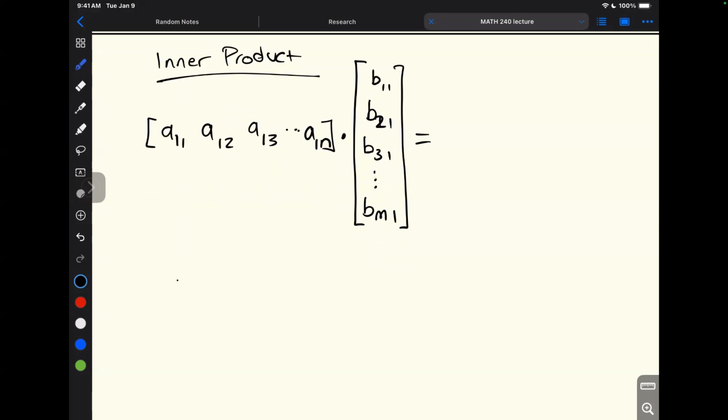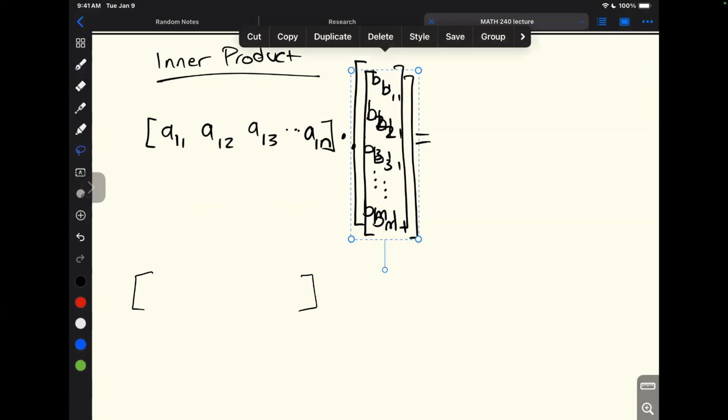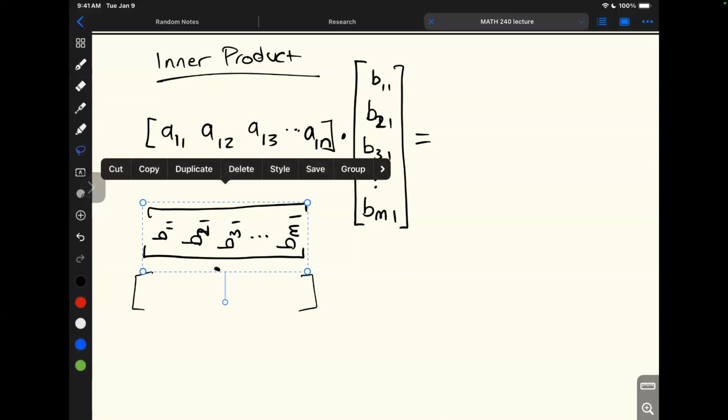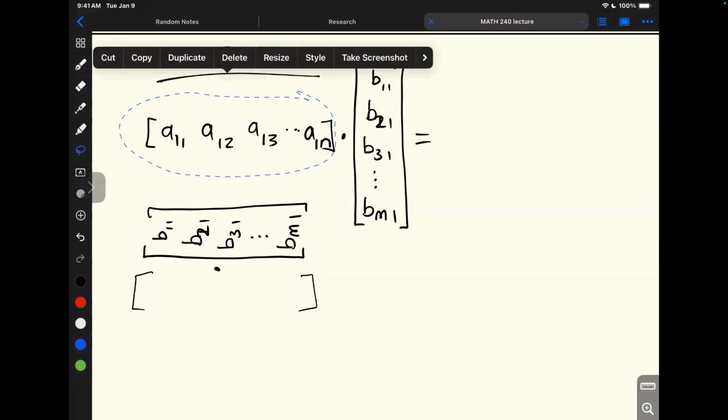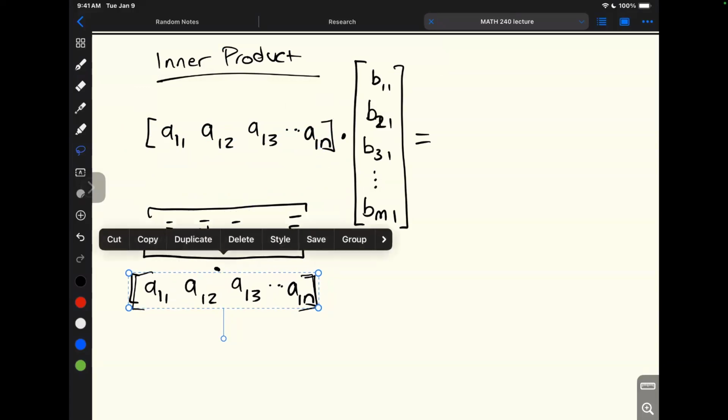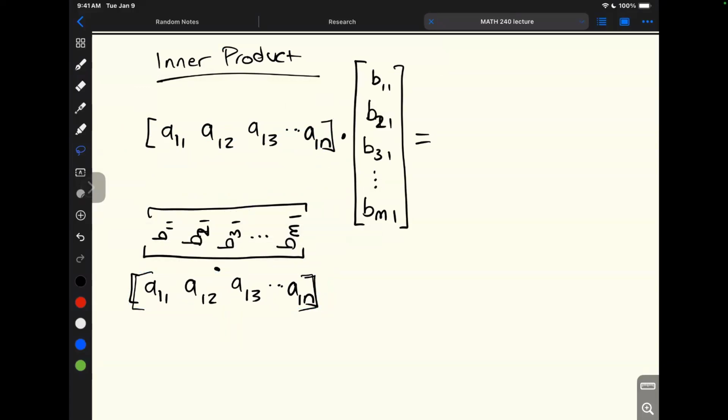And so the way that it works in my head is if we take B and flip it on its side, and then we multiply A11 times B11.